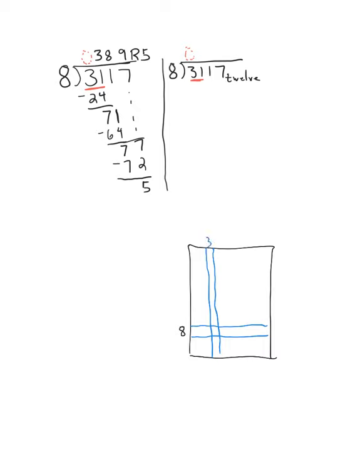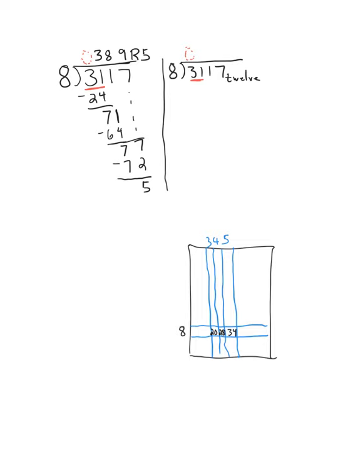So we have 8 times 3, 8 times 4, 8 times 5. 8 times 3 in base 12 is 20. 8 times 4 is 28. And 8 times 5 is 34. So just like with base 10, you're asking, what's the largest multiple of 8 that doesn't go over?